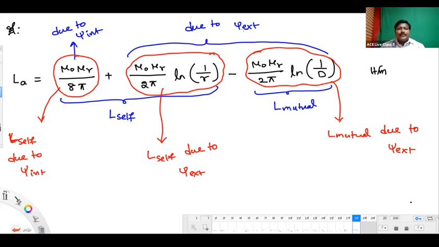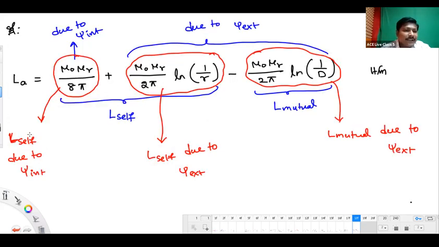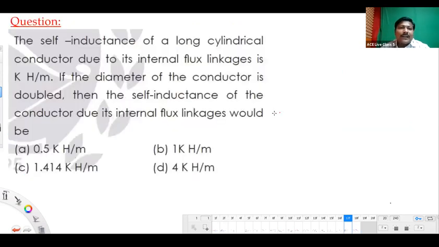Now, what have they asked in the problem? The self-inductance of the long cylindrical conductor due to its internal magnetic flux linkages is K. Self-inductance due to internal linkages is the term mu naught mu r by 8 pi, and this number he is calling K. He asks, if the diameter of the conductor is doubled, what will happen to this number?